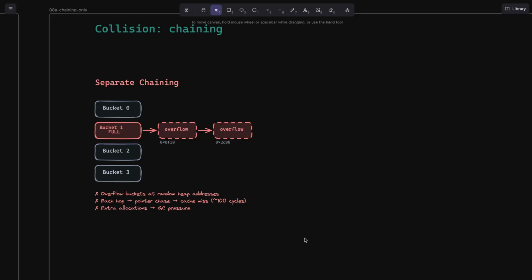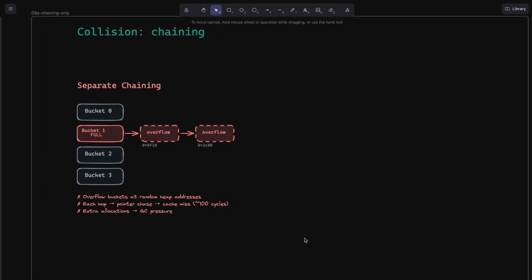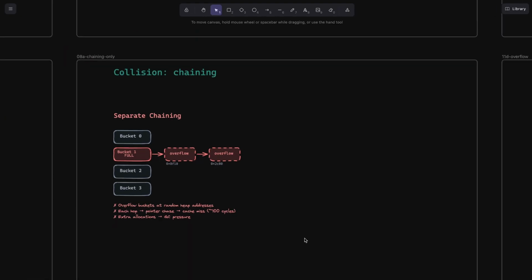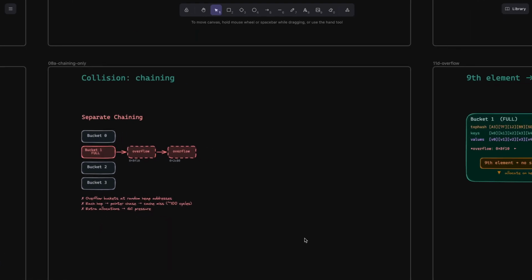So a pointer to a random address is the opposite of predictable. Every hop down an overflow chain is a cache miss. The CPU just stalls, waiting for memory. This is called pointer chasing, and at scale, it's death by 1,000 stalls.